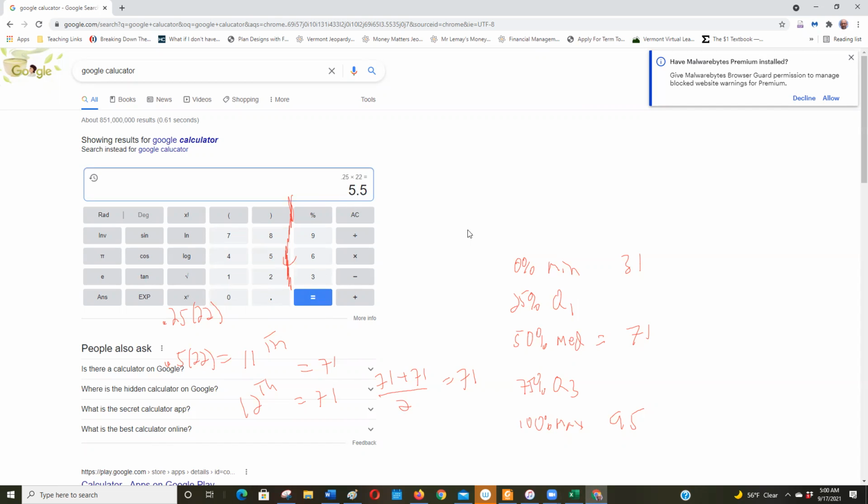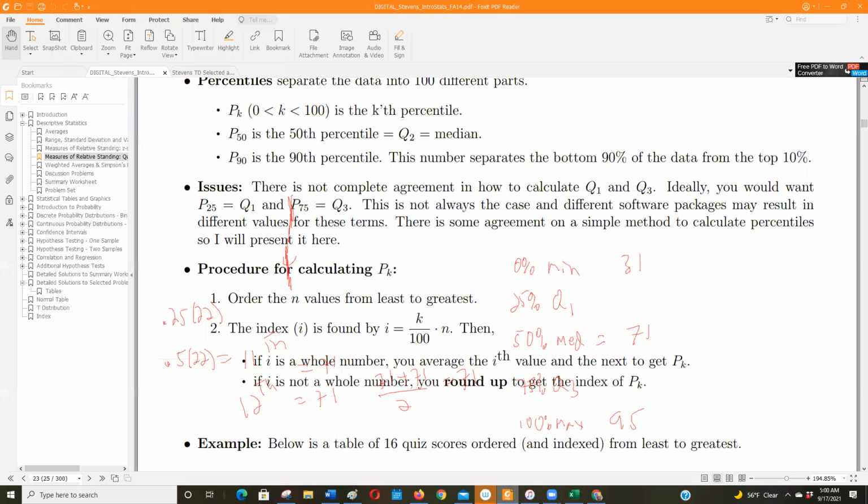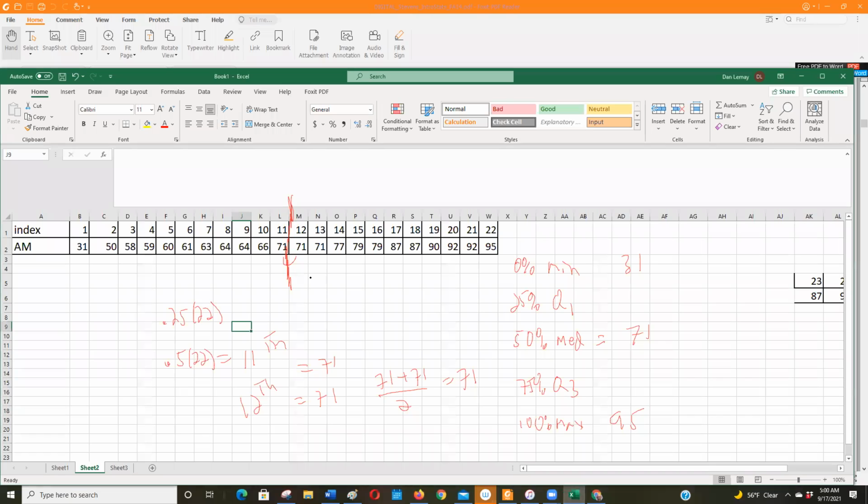So 5.5. Now in this case, looking at Dr. Stevens' methodology, if it's not a whole number, I'm going to round up. So it was 5.5, so I'm going to go find the sixth value. The sixth value here is 61.